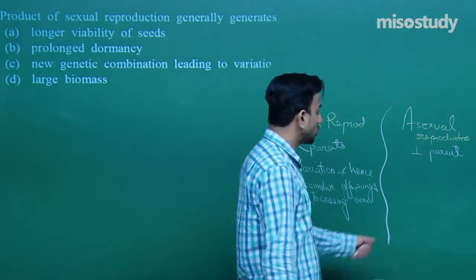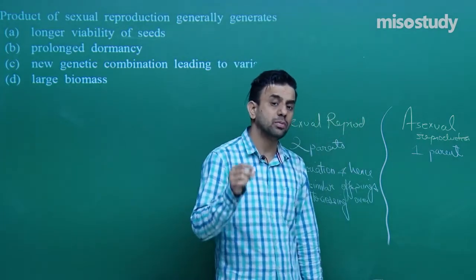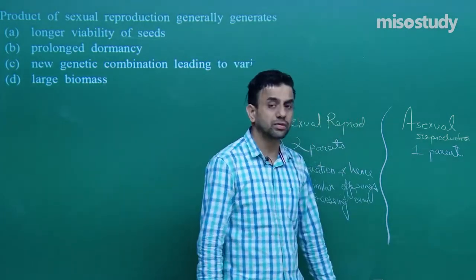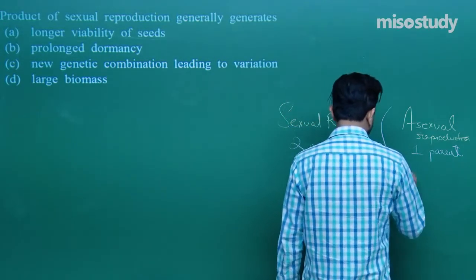In asexual reproduction there is no crossing over, hence no variation, and the offspring produced will be exactly similar to the parent.